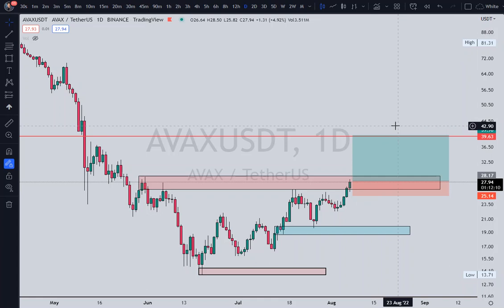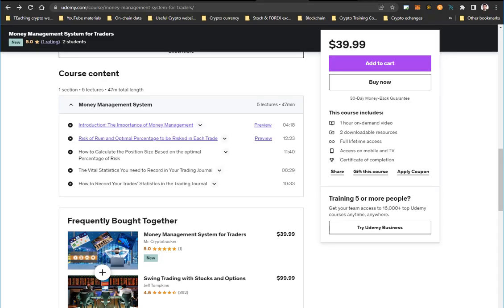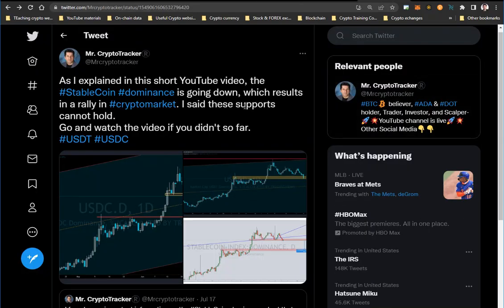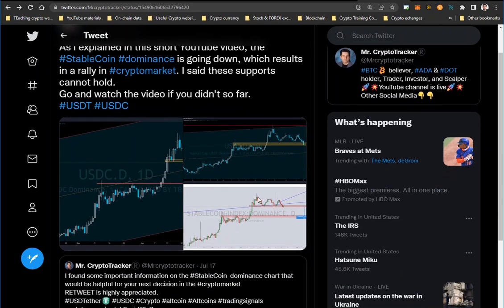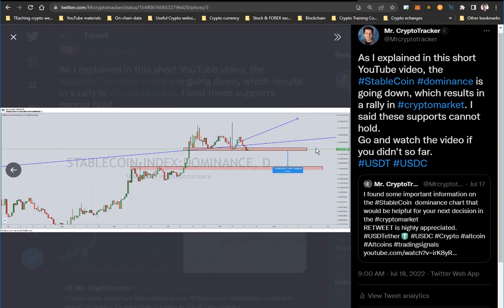But let me show you another thing about the stablecoins, which you have to think about as well. So let's go to my Twitter. I have a tweet about the stablecoins. In this tweet, I said there is a probability to see a drop in the stablecoin index chart.